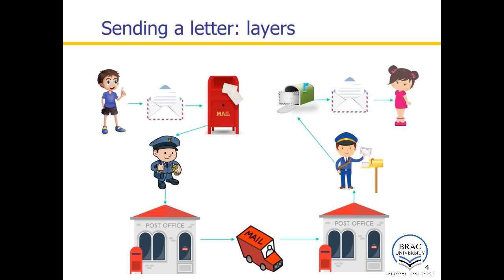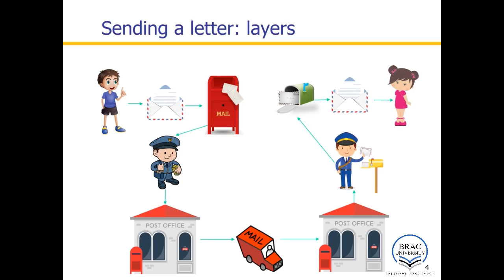The second step can be considered as the postman delivering the letter to the post office, and the third step is the post office giving the letter to the mail truck, which is considered the transmission media here. And lastly, the receiver side will be doing the same steps that we have done in the sender part to get it to the receiver. So here the layers are very clear in this example.